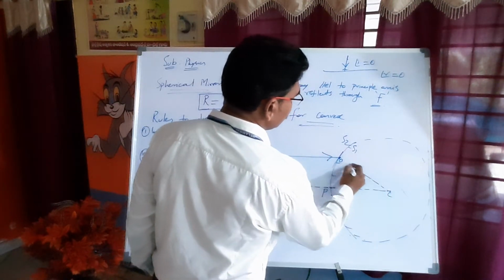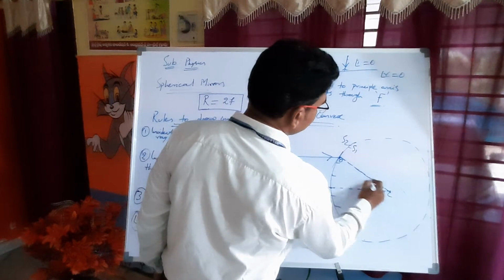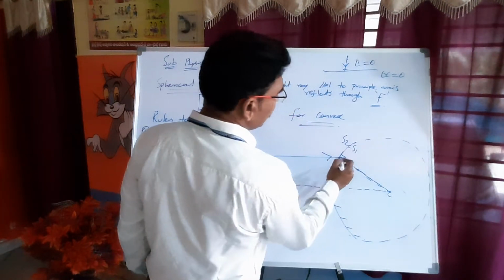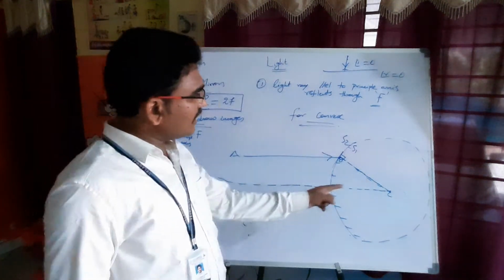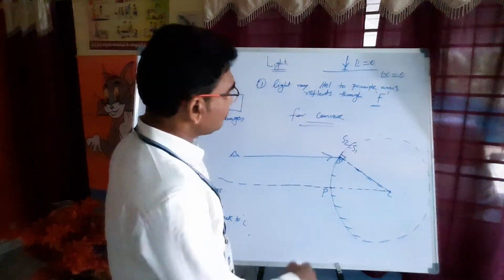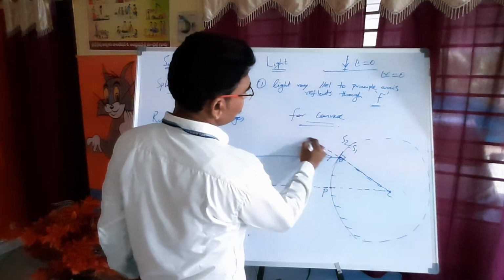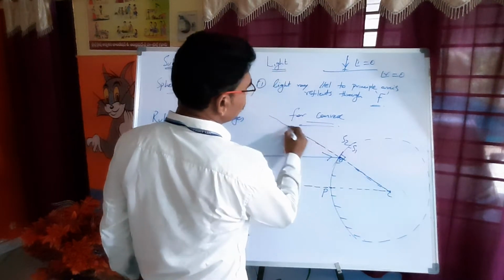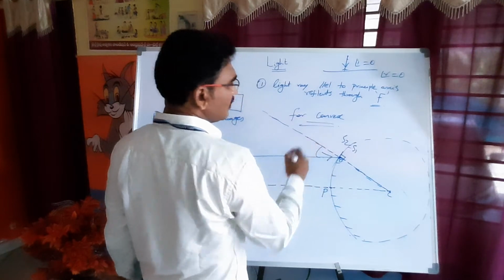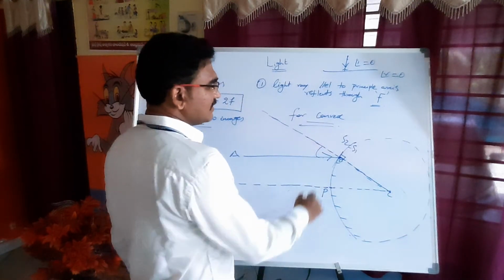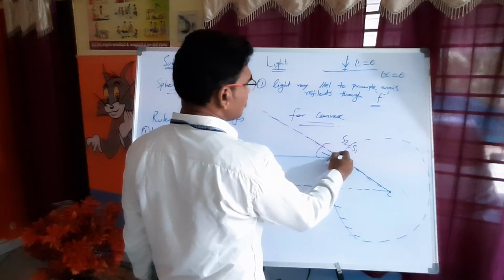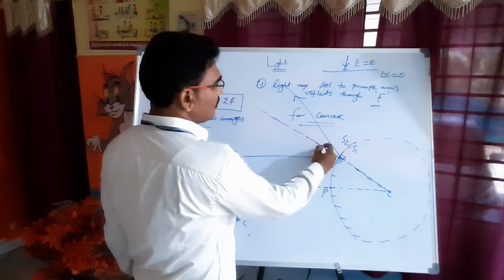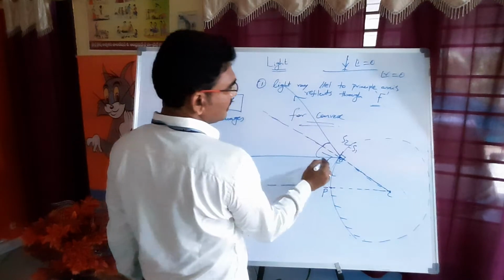From the center, this line is going to become the normal for this tangent. Then this is the normal. What is this one? The angle of incidence. Then this is the angle of reflection, and this is the reflected ray.